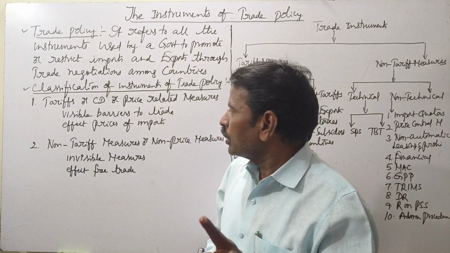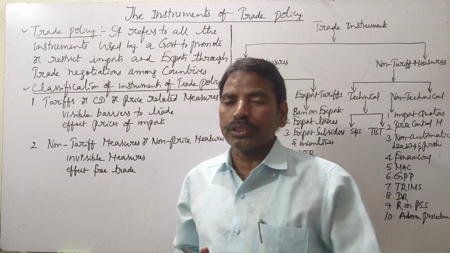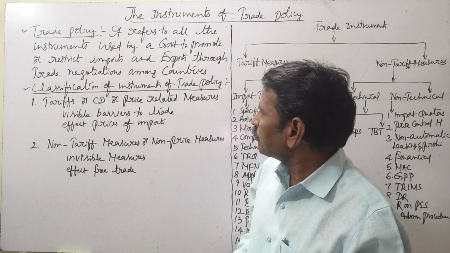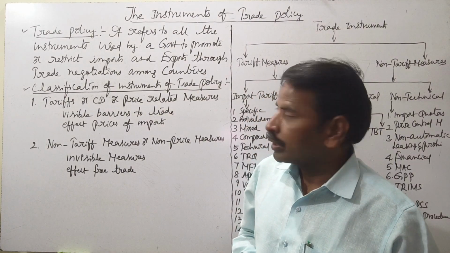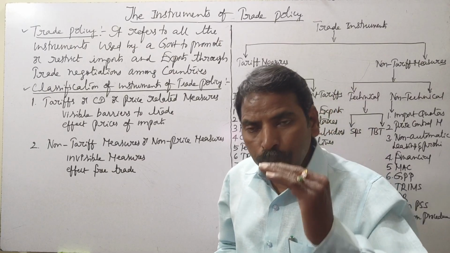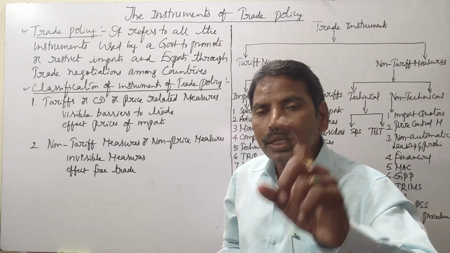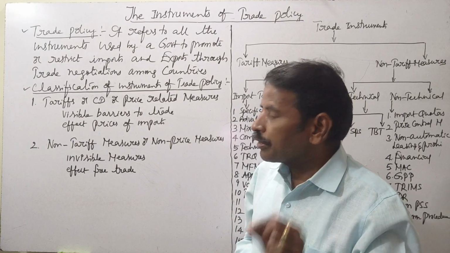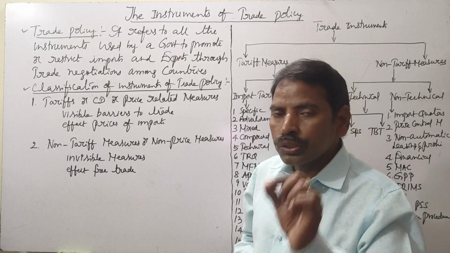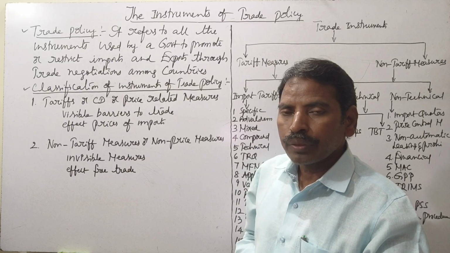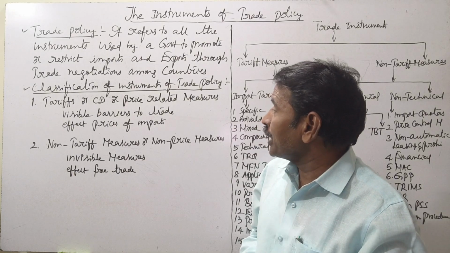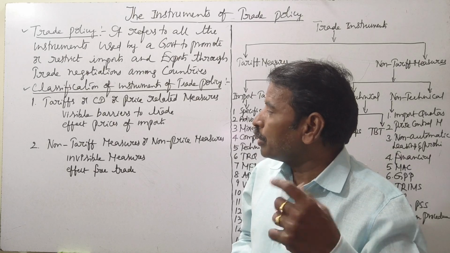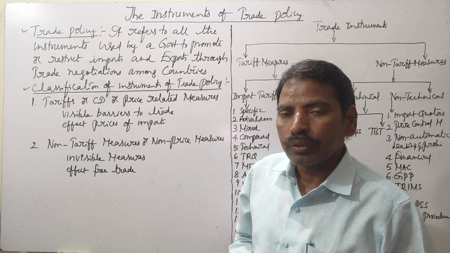Next, classification of instruments of trade policy. The instruments of trade policy can be broadly categorized into two. One is tariffs, also called customs duty, also called price related measures, also called visible barriers to trade.